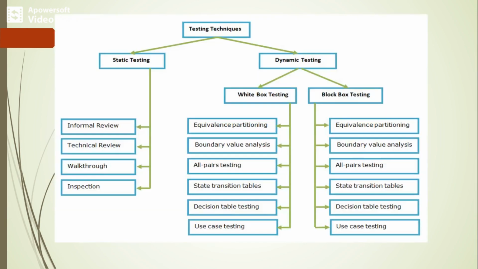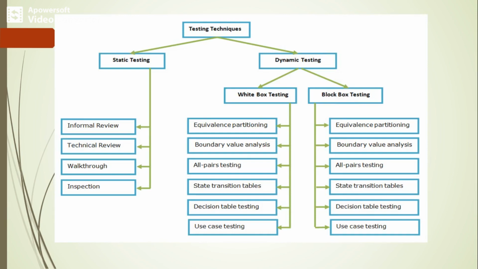Okay, now we will have some testing techniques, and how this testing technique is split. Testing technique is done in a two-way manner. One is during the static phase, or else during runtime, which we are calling dynamic.